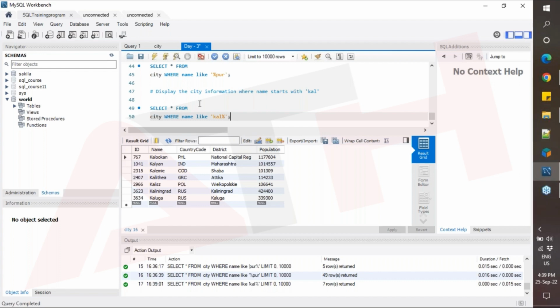So we have one other wildcard character that we often use apart from percentage. That is underscore.